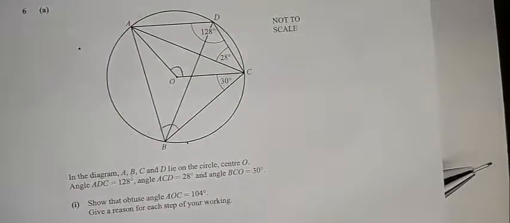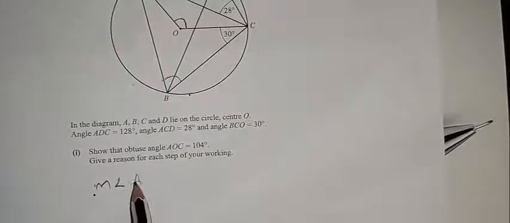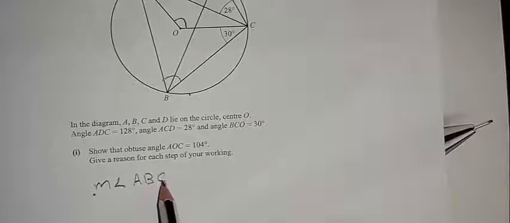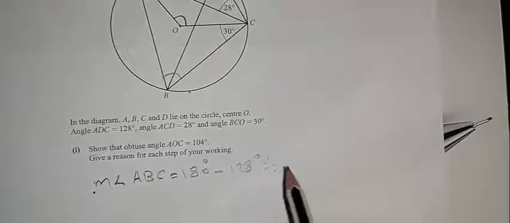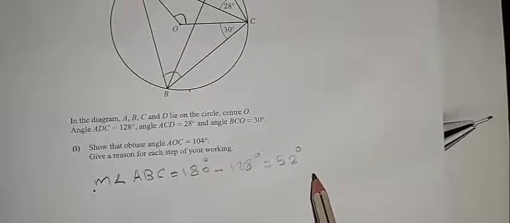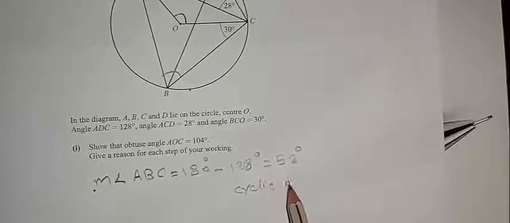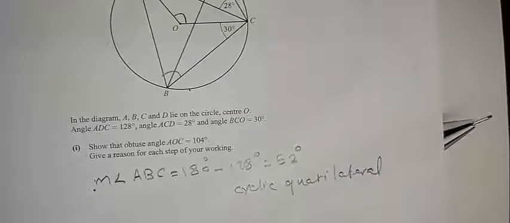So we can write that the measure of angle ABC equals 180 minus 128. This will be 52 degrees, and to give a reason for this, we can write cyclic quadrilateral.